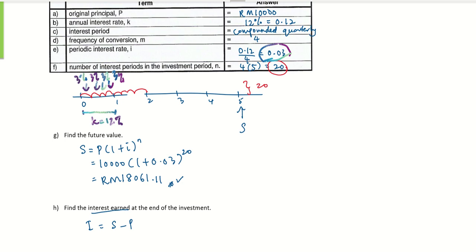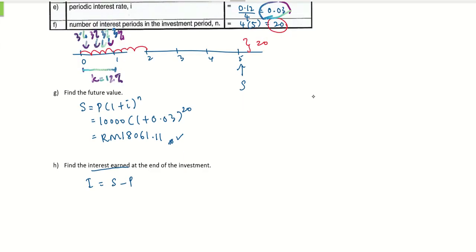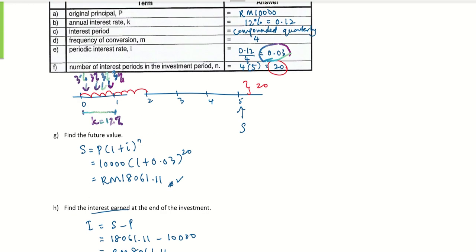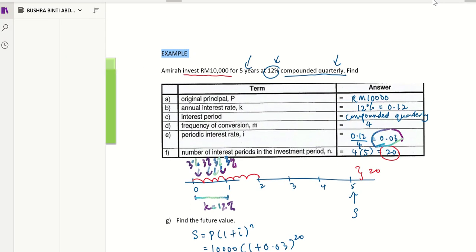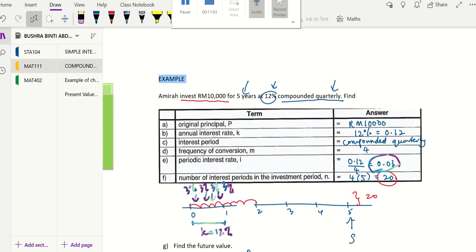Since we have found the value of S, which is 18,061.11, minus the amount invested, which is 10,000, Amira will earn interest of 8,061.11. Okay, that's all. Thank you.